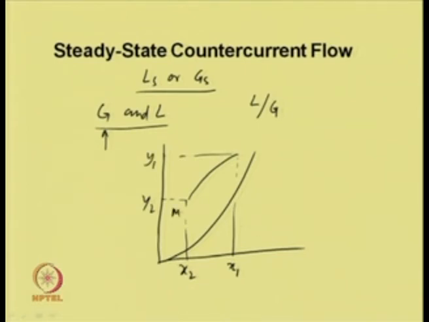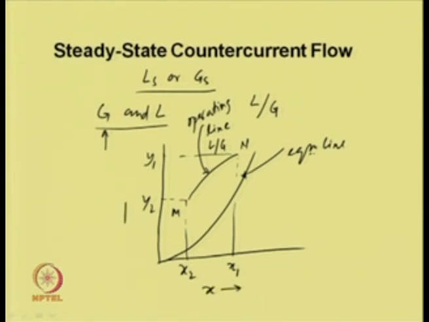Suppose these are two points M and N, and this is the equilibrium line, and this is the operating line with a slope L by G. So, the slope is changing if we plot in terms of mole fraction basis.